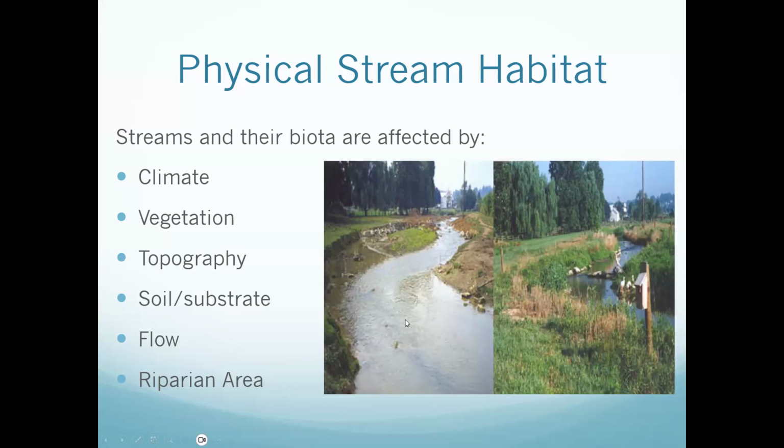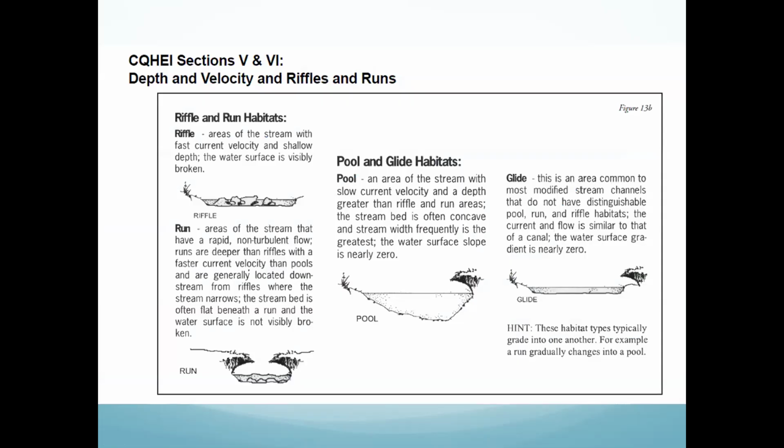The stream's trying to be a little bit more curvy or sinuous, versus in that picture on the right, we have vegetation growing on the buffers. And so these streams that are just the same over time can score really differently with the cQHEI.